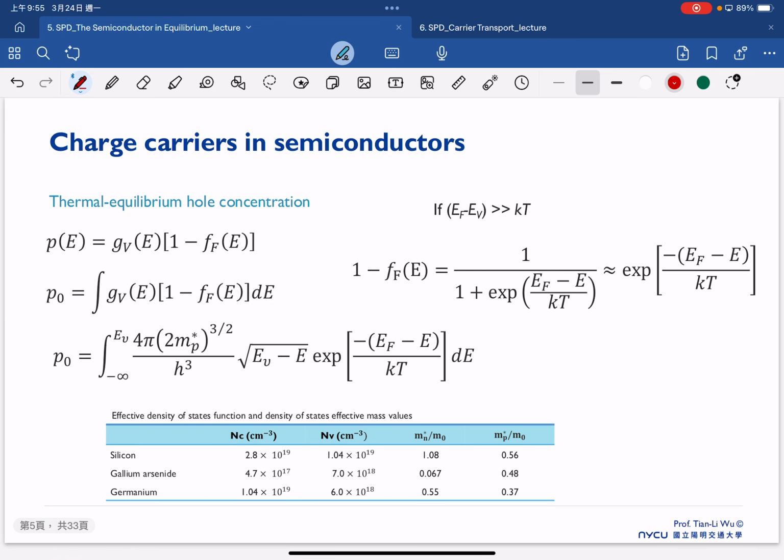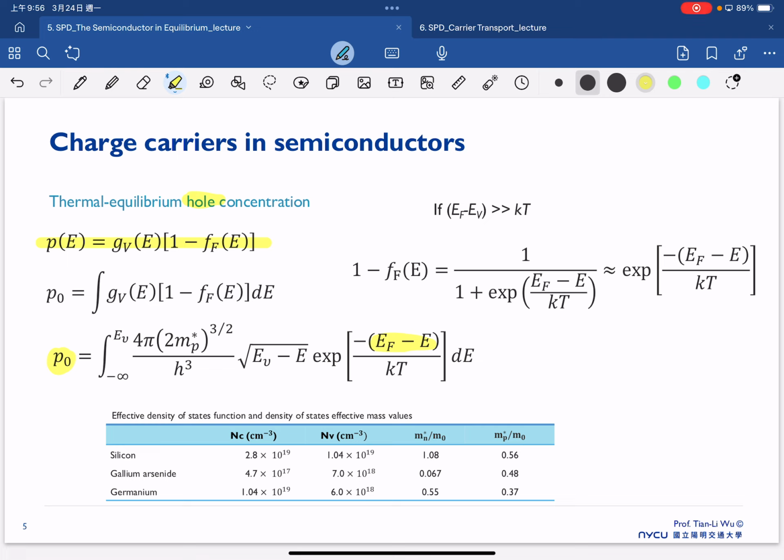As a similar step, if we try to calculate the thermal equilibrium hole concentration, we use this one and do very similar things as we mentioned in the last slide. This also gives us the estimation that our hole concentration highly depends on our energy level as well.